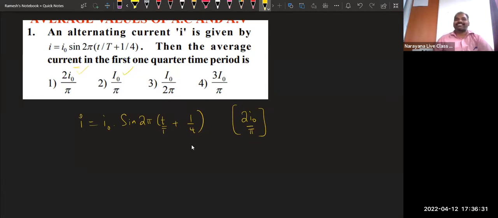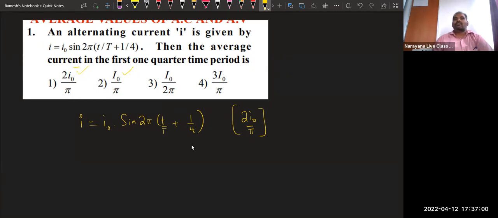We are asking for a quarter cycle. Quarter is not simply half of the half. This is an integration, you have to do it, not like that.